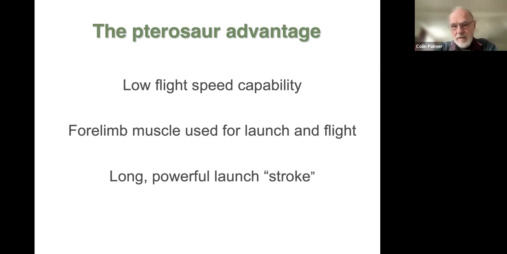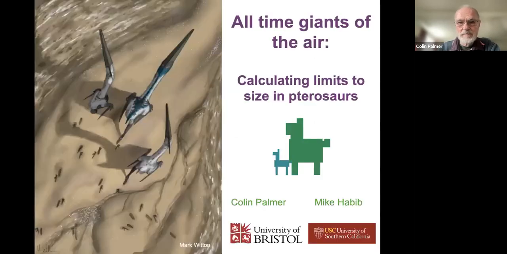So in the case of a pterosaur, because you're using your forelimbs, you have a very long stroke. So you have a powerful force, and that force can apply for a long period of time to get you into the air. Mike Habib and I did a whole lot of calculations on this, and took those principles and applied them to a range of pterosaur sizes.